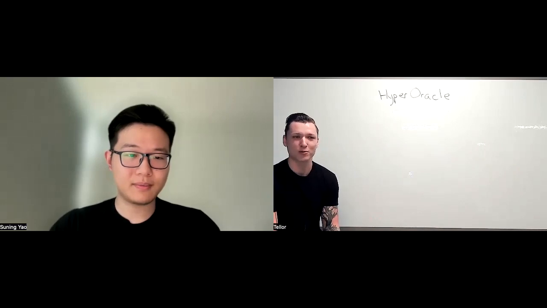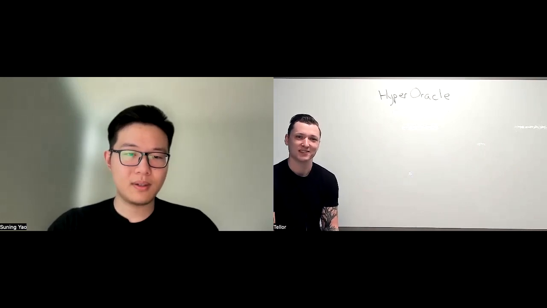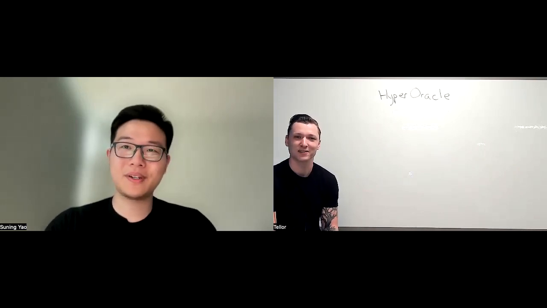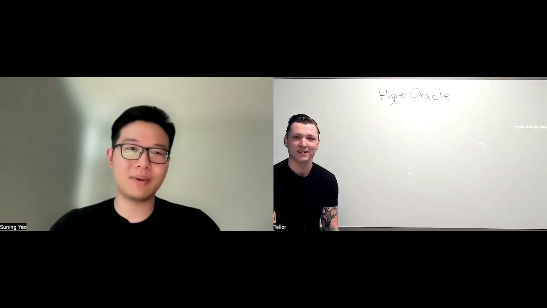Just wondering, first off, how did you get into the space and more specifically doing Oracle bridge type things? So initially, how I got to blockchain was an internship at UnionPay, which is like a Chinese version of Visa.